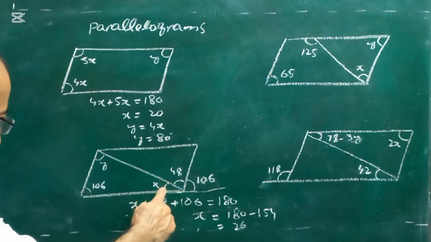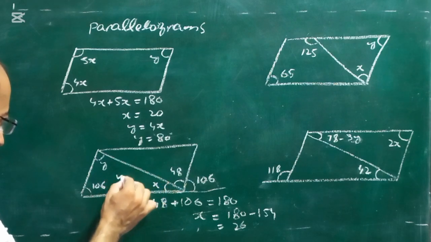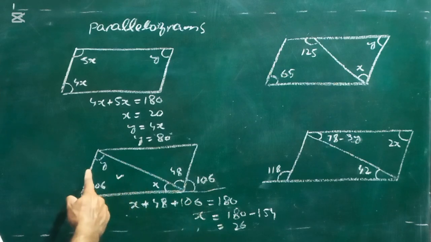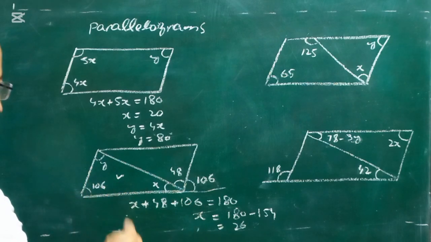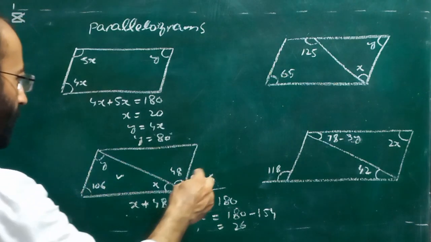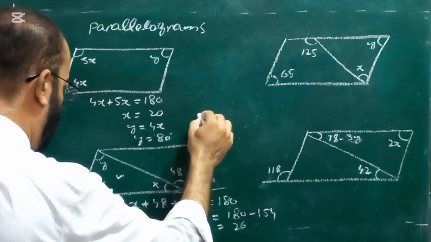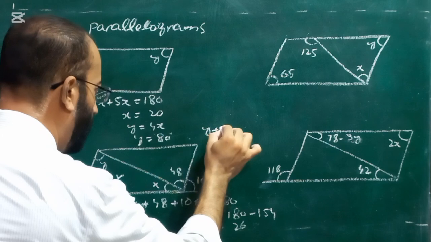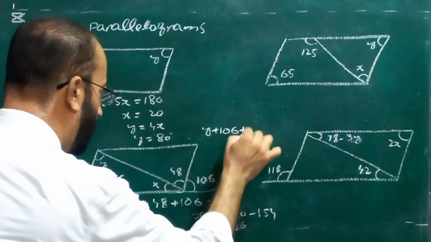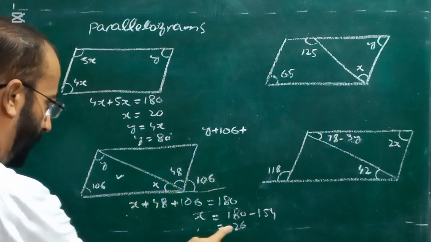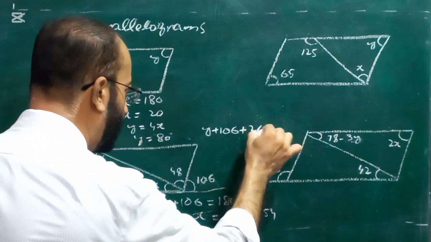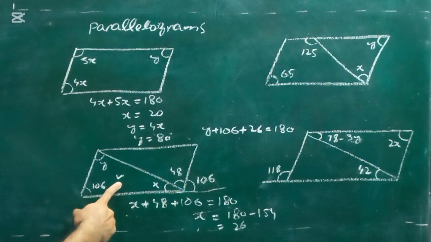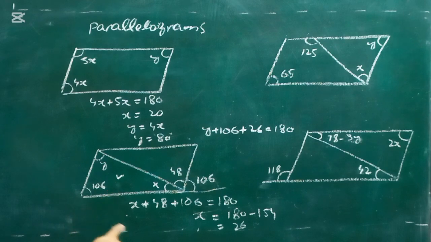If this x is solved, now this is a triangle. So 106 plus 26 plus y should be equal to 180 degrees. Like this, y plus 106 plus x, x is 26, should be equal to 180 degrees, because the sum of the angles of a triangle is 180 degrees.